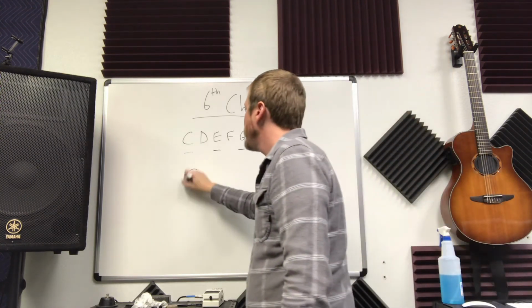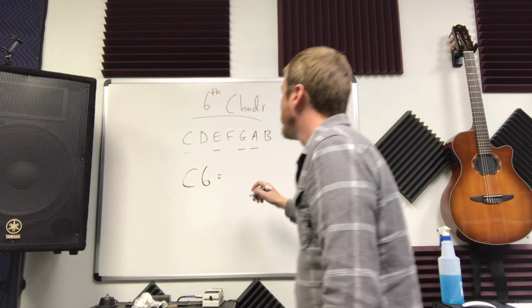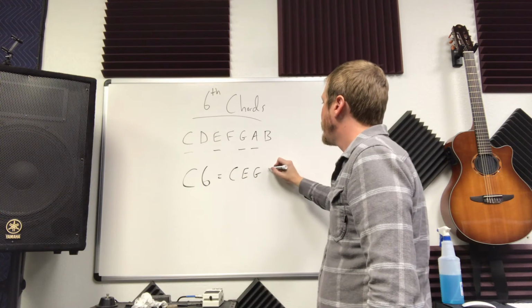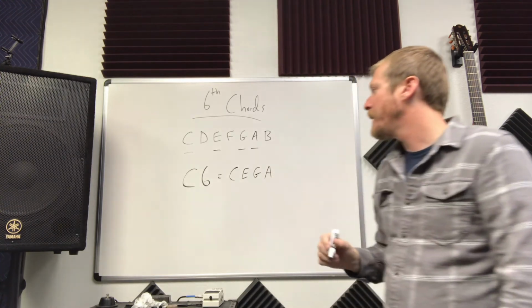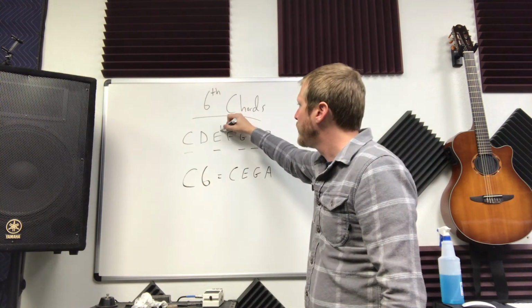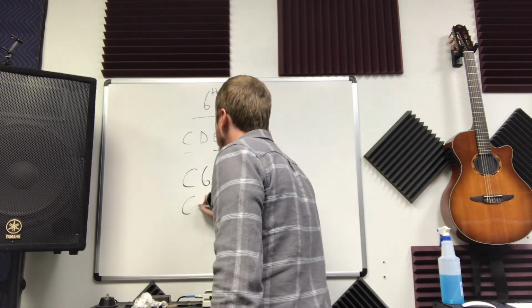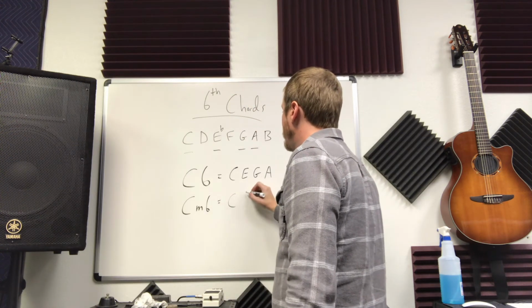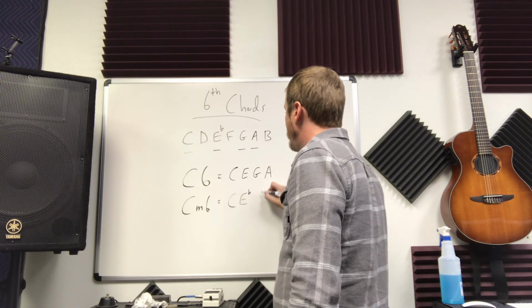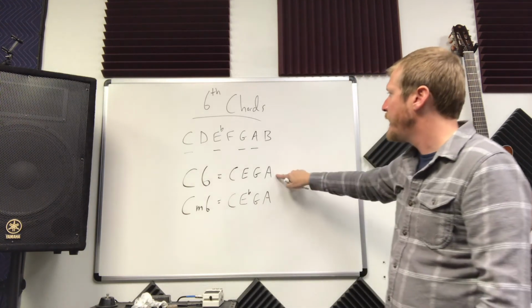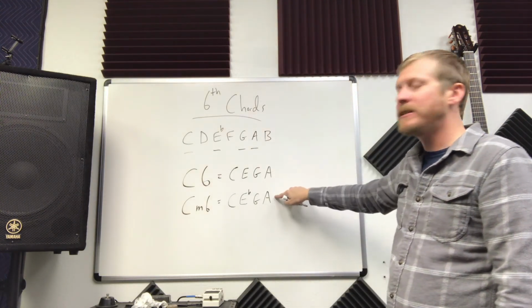So a C6 chord equals C, E, G, and A. Okay? Now, to make a minor 6 chord, we're just going to flat the E. And we're going to have C minor 6. Okay? That's going to be C, E flat, G, and A. Again, because A is the 6th note. So that's what kind of defines these chords.